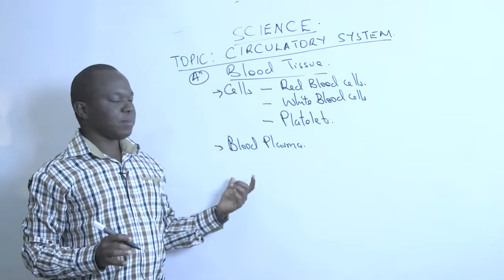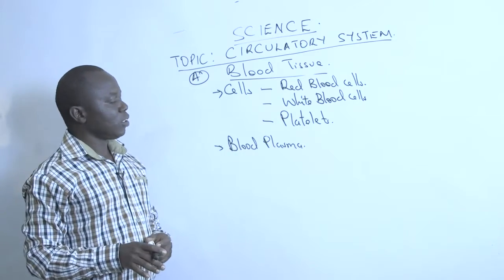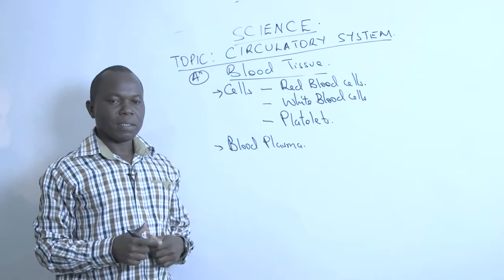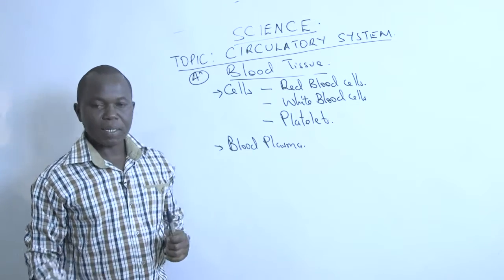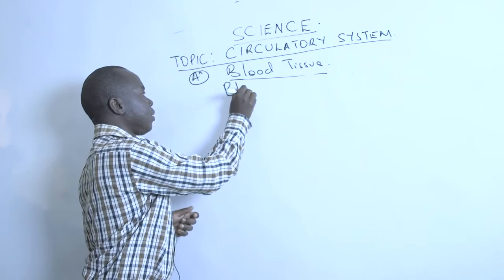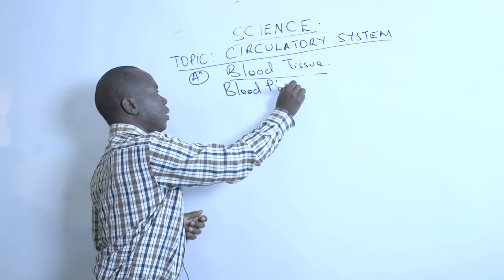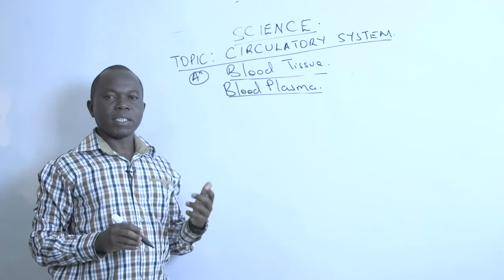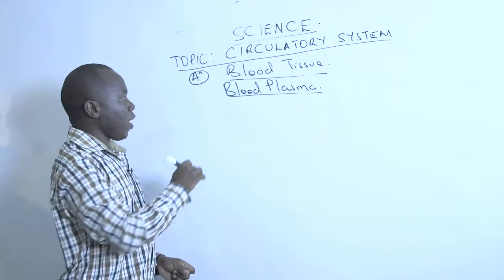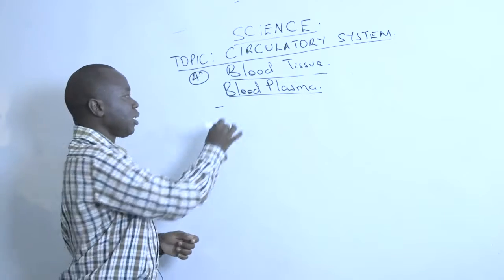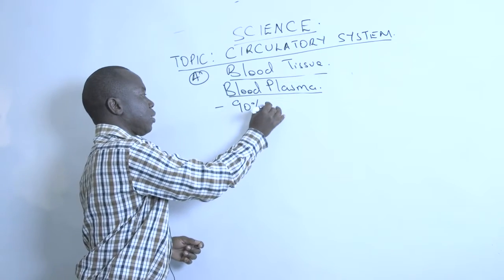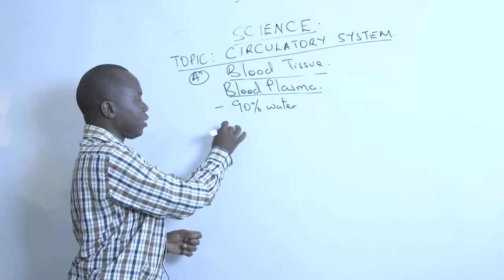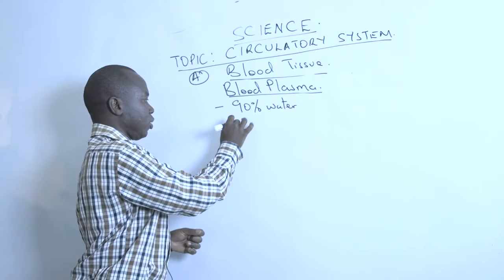And since blood plasma makes the majority of the blood tissue, we shall begin by examining the composition of the blood plasma. Blood plasma is made up of 90% water, and has dissolved food materials.